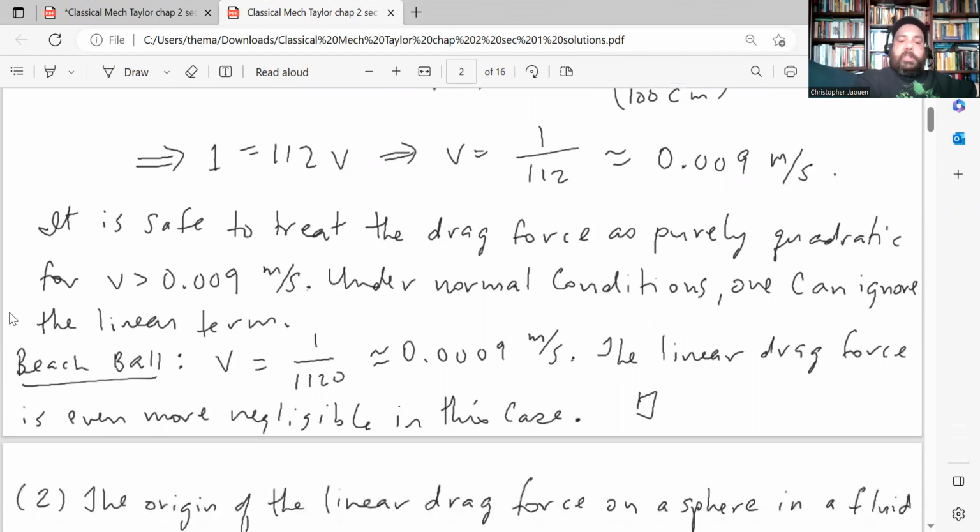All right, for a beach ball, the linear term is even more negligible. If you do the same calculation, you'll see that v has to be 0.0009 meters per second, which means that in this case, quadratic drag is really what dominates. All right, that's basically question number 1.